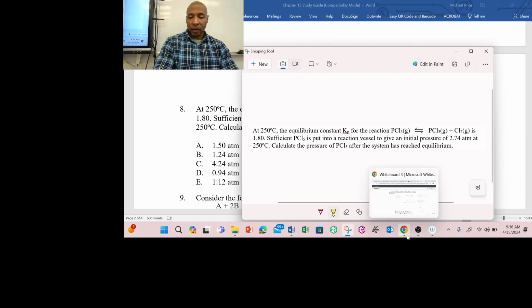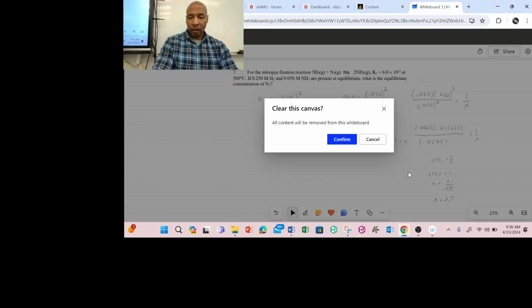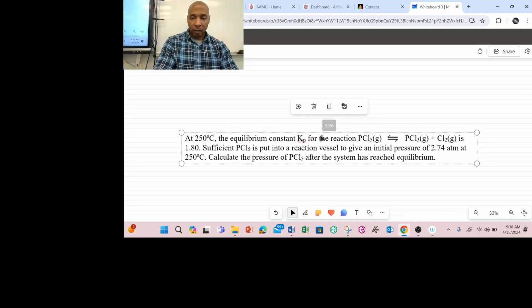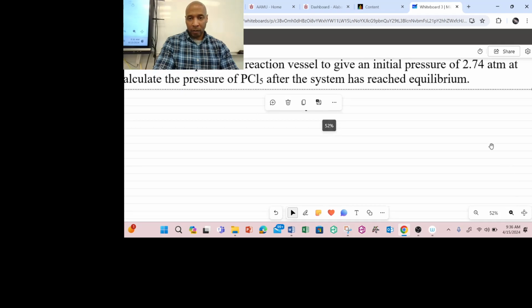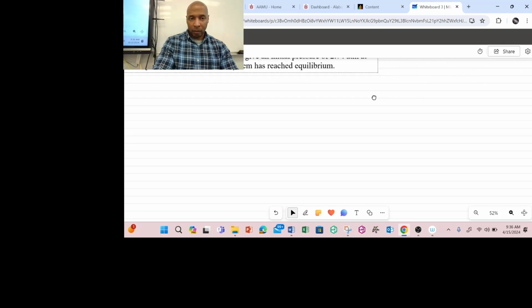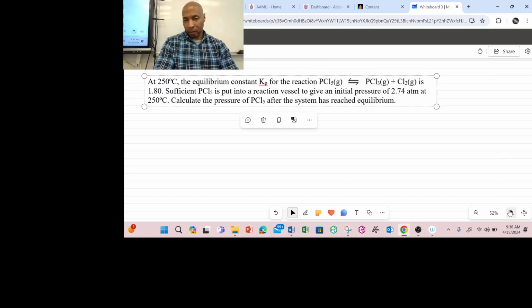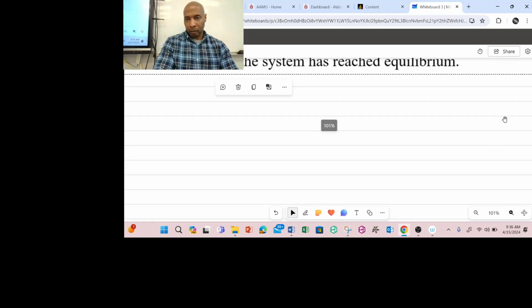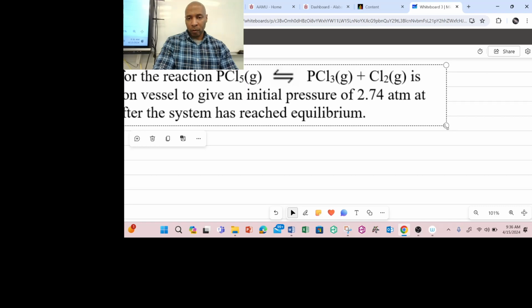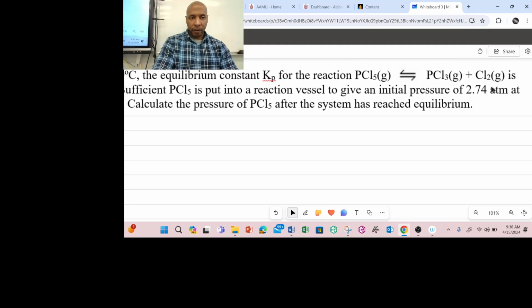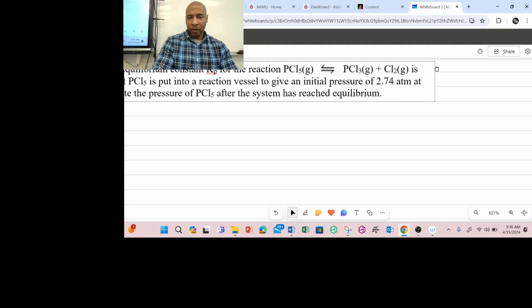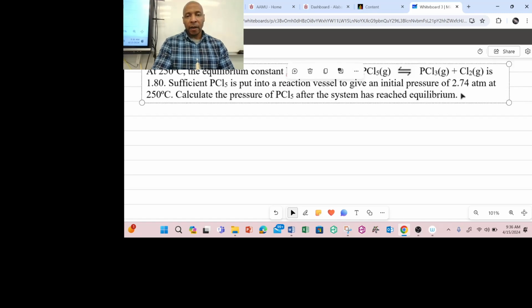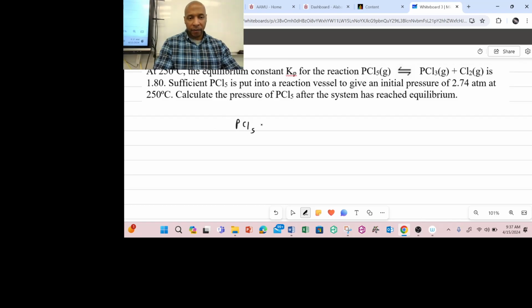All right, PCl5 yields PCl3 plus Cl2. Now they're all gases.